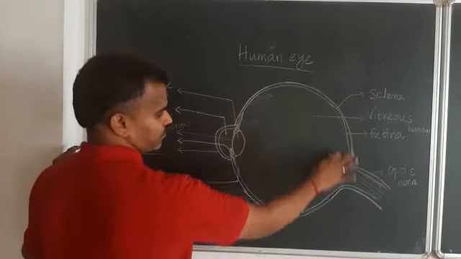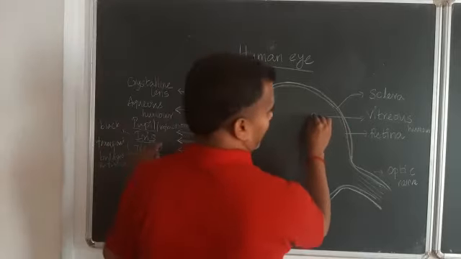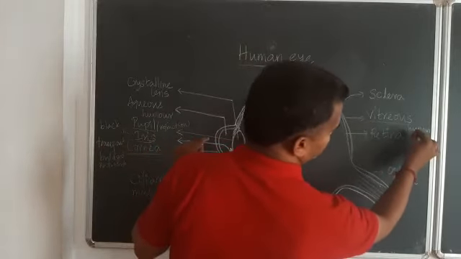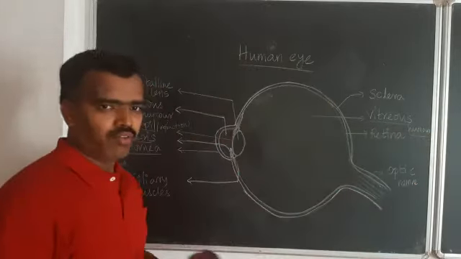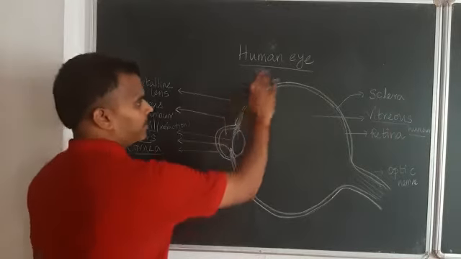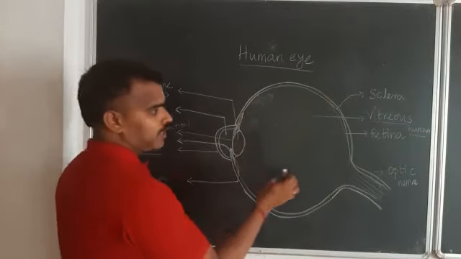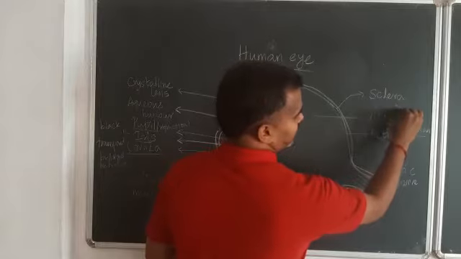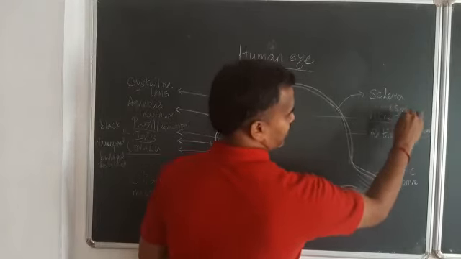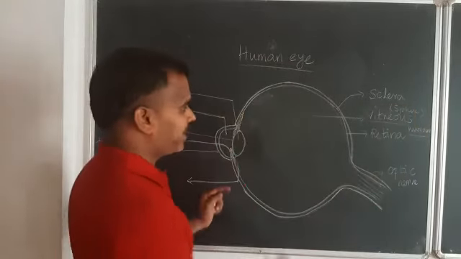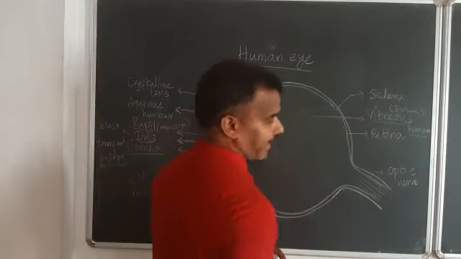At the center we have the part I have marked as the vitreous humor. What is its role? The eye is spherical in shape, and that spherical shape is mainly maintained by the vitreous humor.